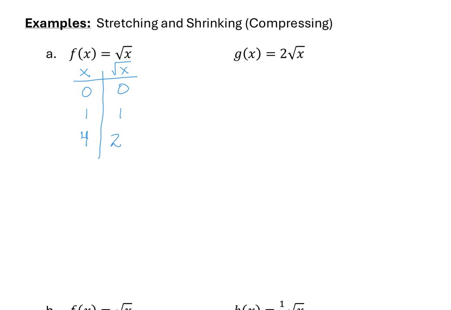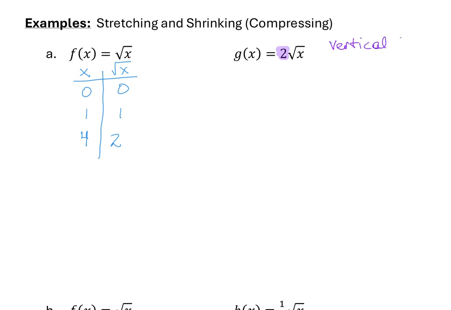Okay, now, when we look at the 2 on the outside, remember this is 2 times the square root. Because it is on the outside, it is going to be vertical.